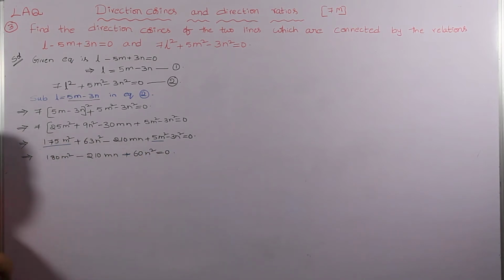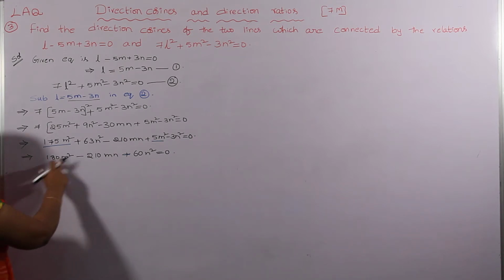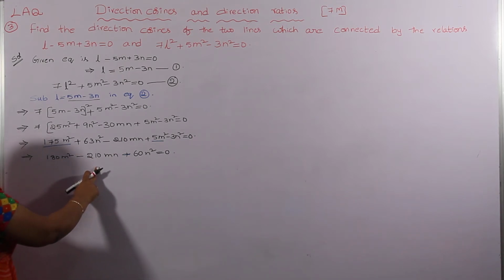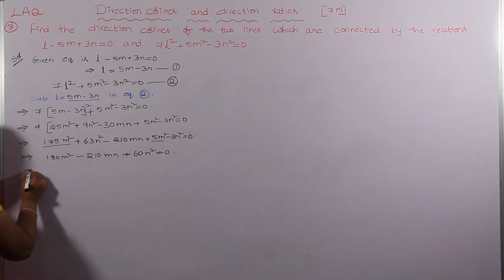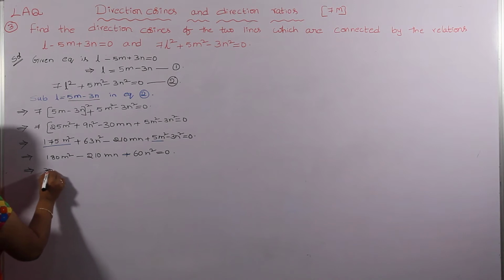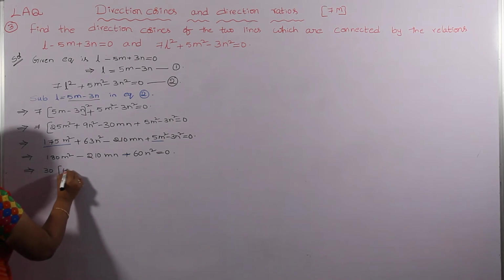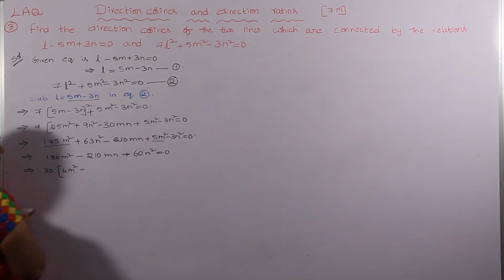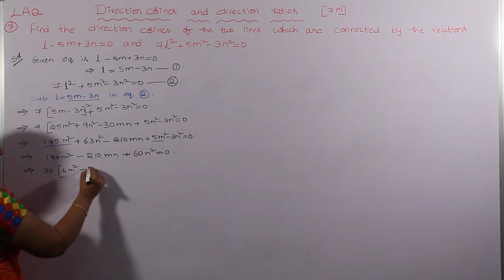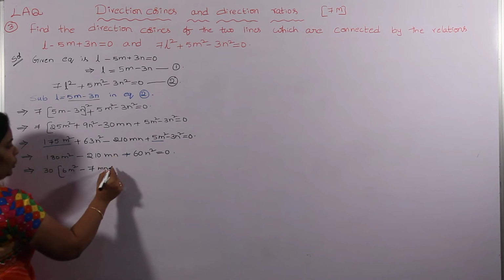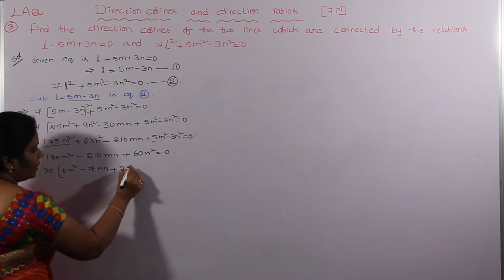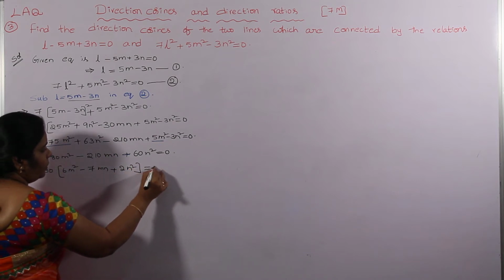Now from this take 30 common. 30 6s are 180, so 6m square. 30 7s are 210, that is 7 mn. 30 2s are 60, so 2n square is equal to 0.